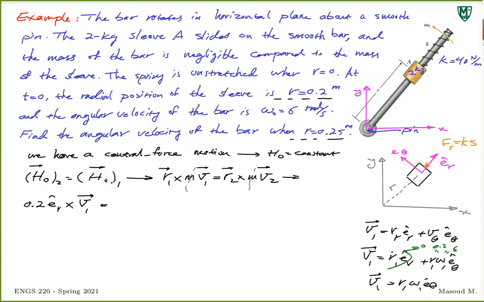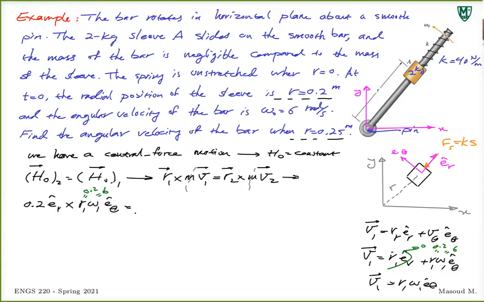Maybe it would have been better if I just write it directly instead of making it crowded here. So this becomes R1 omega 1 E theta. R1 is 0.2, omega 1 is 6 E theta.